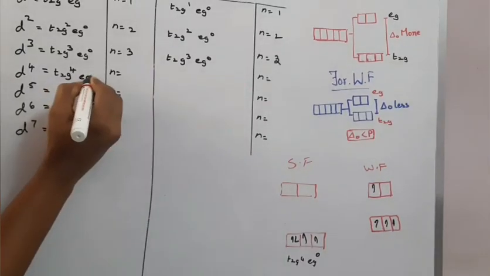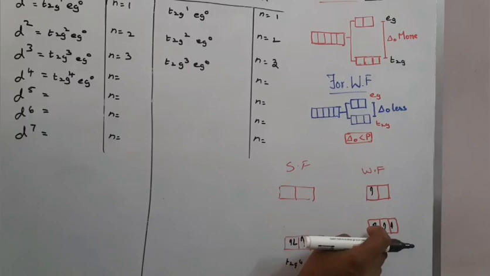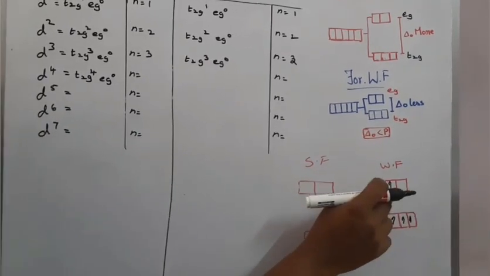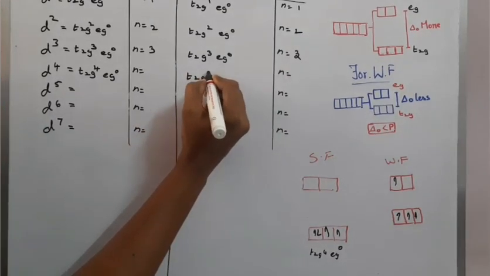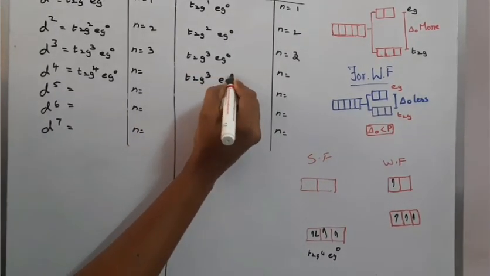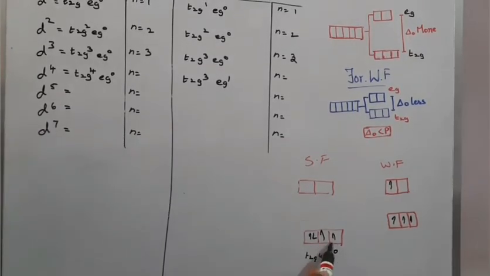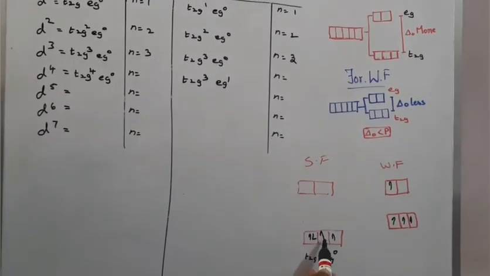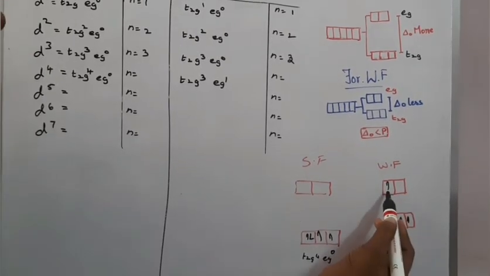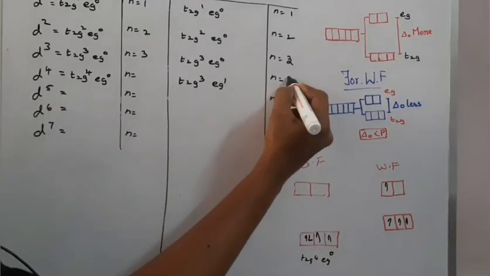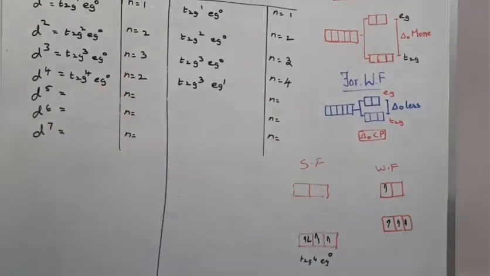T2g4 and Eg no electron for strong field ligand. For weak field ligand, the fourth electron goes up easily, giving T2g3 Eg1. For d4 configuration with strong field ligand, 2 unpaired electrons are present. In the weak field case, 4 unpaired electrons are present.